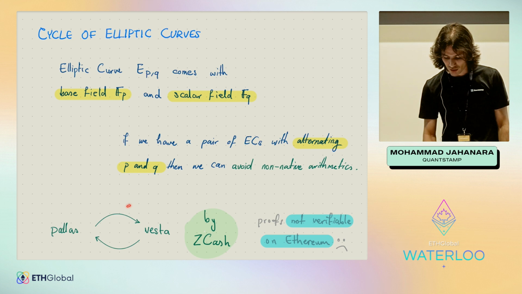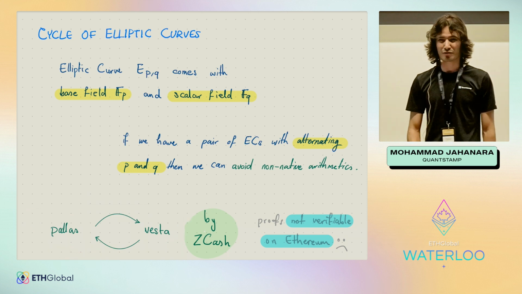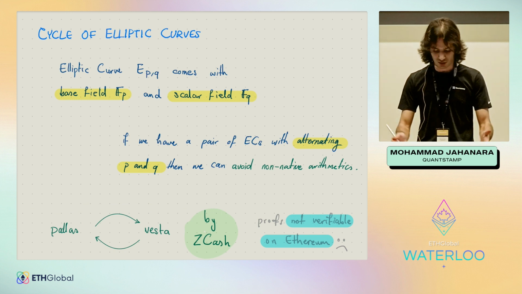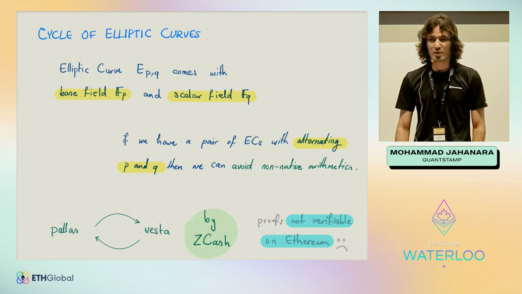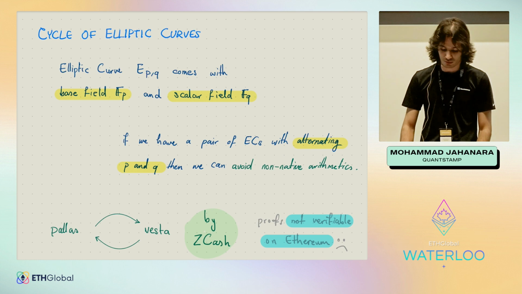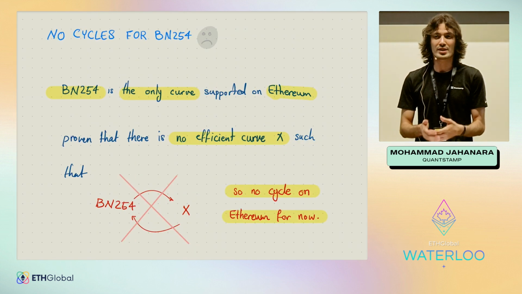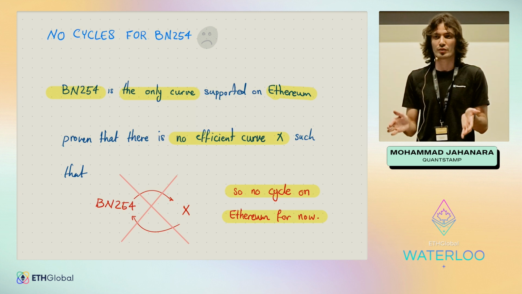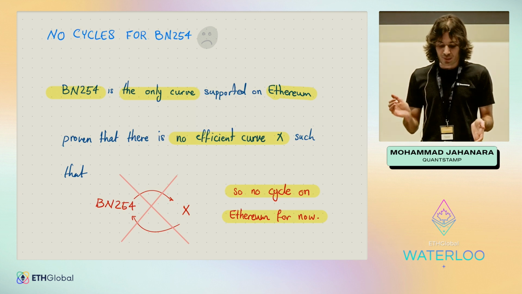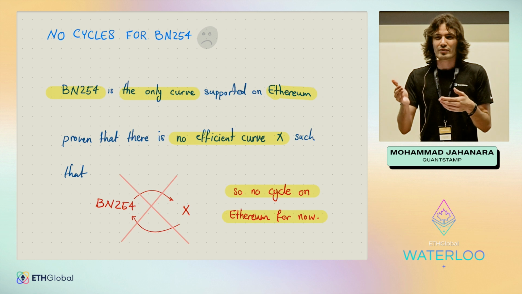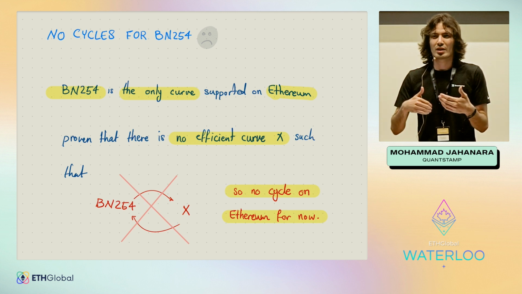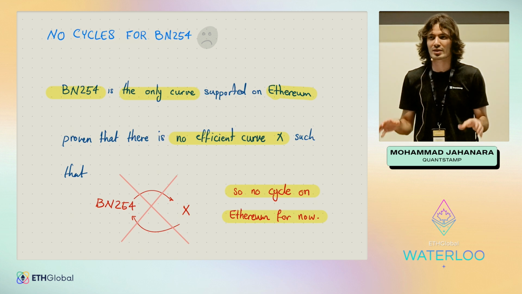And one of the main contributions of the Zcash people is creating a pairing-friendly cycle of elliptic curves called Pallas and Vesta. The problem is we cannot use that on Ethereum, because on Ethereum we only have one curve called BN254, and BN254 is the only curve that's supported as a precompile. For other curves, we have to implement the Solidity code, and that's very costly.